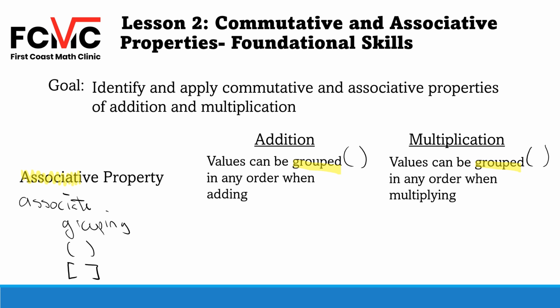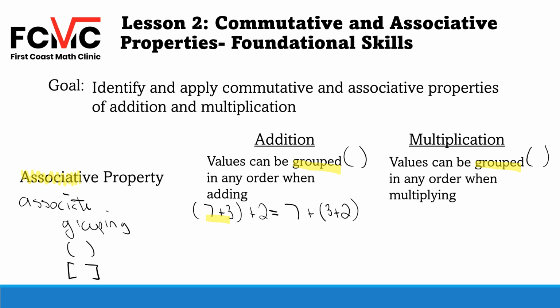So for example, for our associative property of addition, we could have something like 7 plus 3 in parentheses plus 2 is equal to. Now our values can be grouped in any order when adding. So I can change our grouping: 7 plus, and then our parentheses will be around the 3 plus 2. Now we know that in order of operations, parentheses come first.